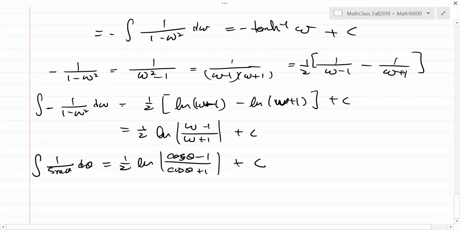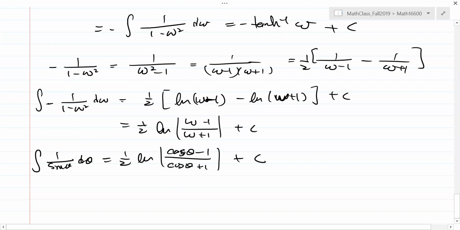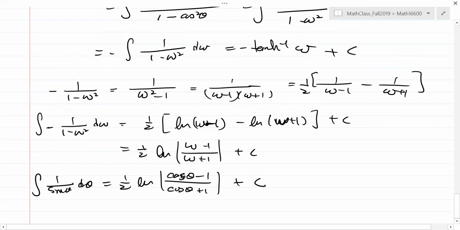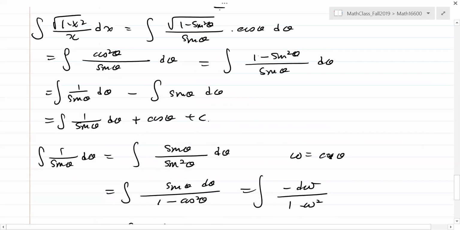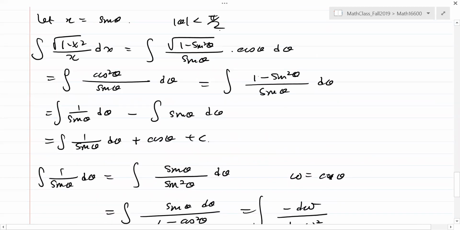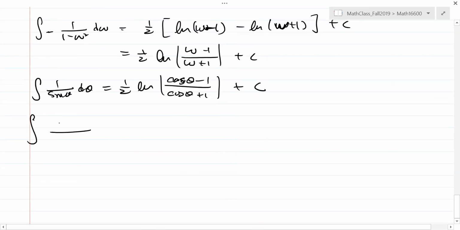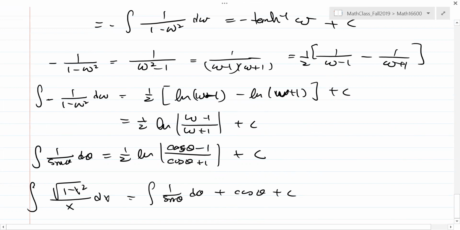So that's the formula. Not too bad, right? Now we go back. What we got here is everything in cosine. The integral of this is very complicated now. It's going to be the integral of sine theta d theta plus cosine theta plus c. That's what we got before.